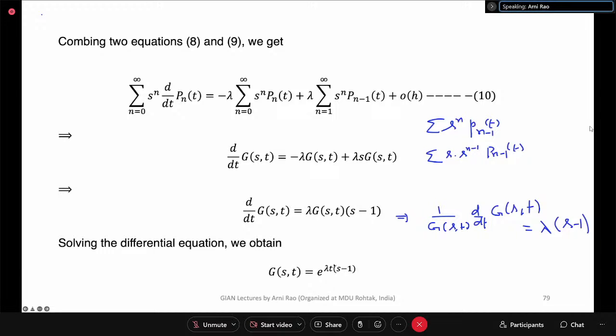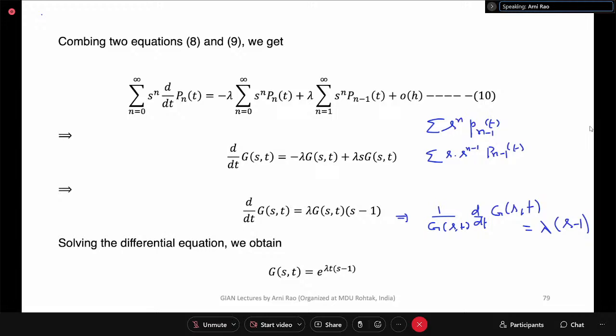But we arrived at the functional form e power lambda t s minus 1, which is the generating function of the Poisson distribution. So two generating functions are identical, which means the two probability density functions are also the same.